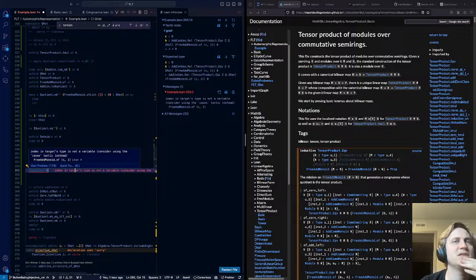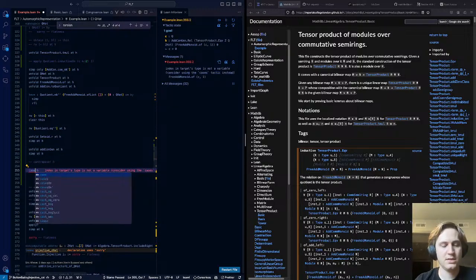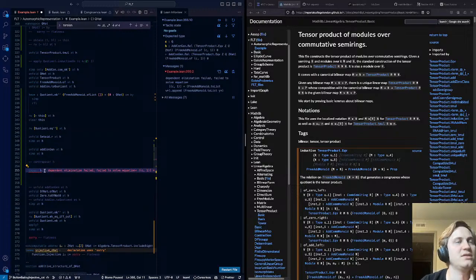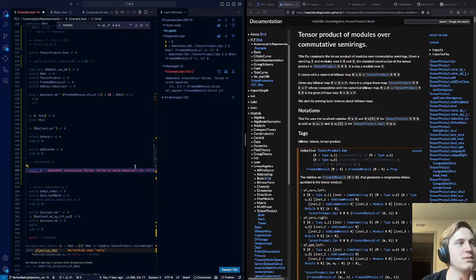Consider using the cases tactic instead. What happens if I do the cases tactic? Cases H. Dependent elimination failed. Failed to solve equation C equals this.